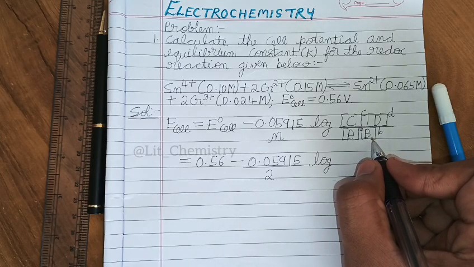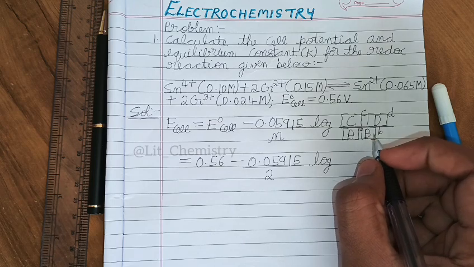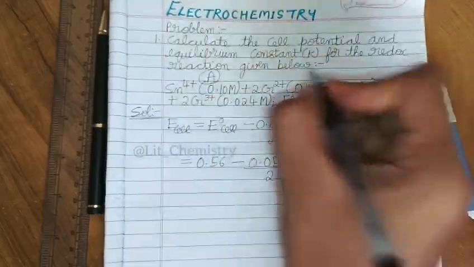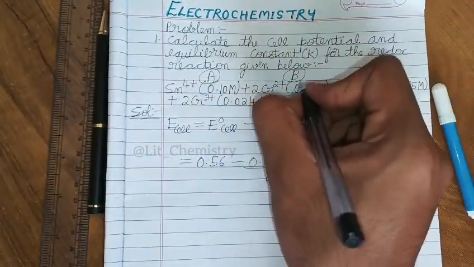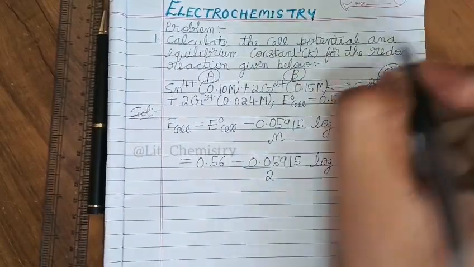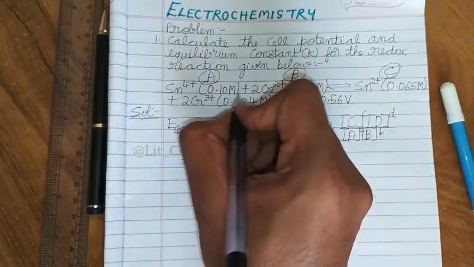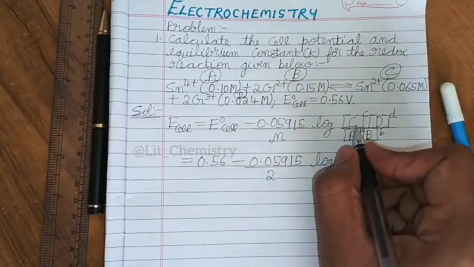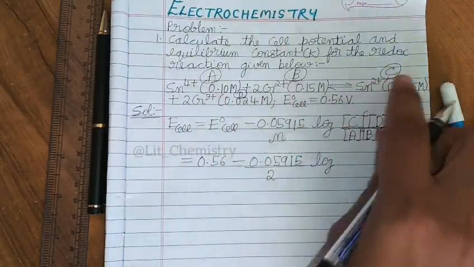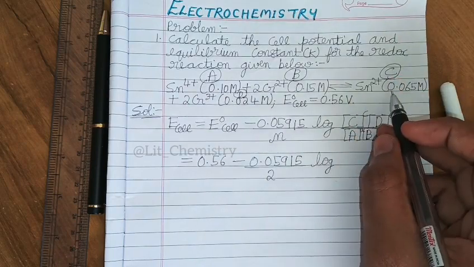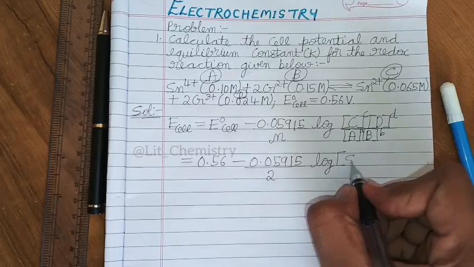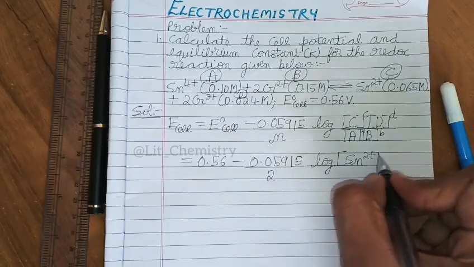How to find this reaction quotient? So let us assume for now these as A, B, C, and this one as D. In C we have Sn2 plus, so I write Sn2 plus.